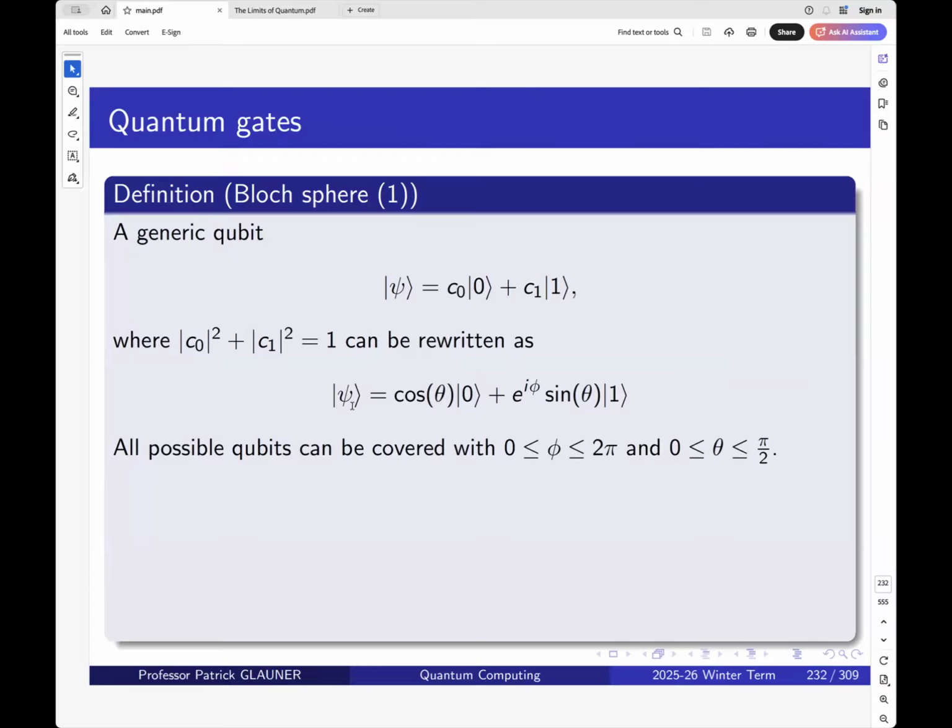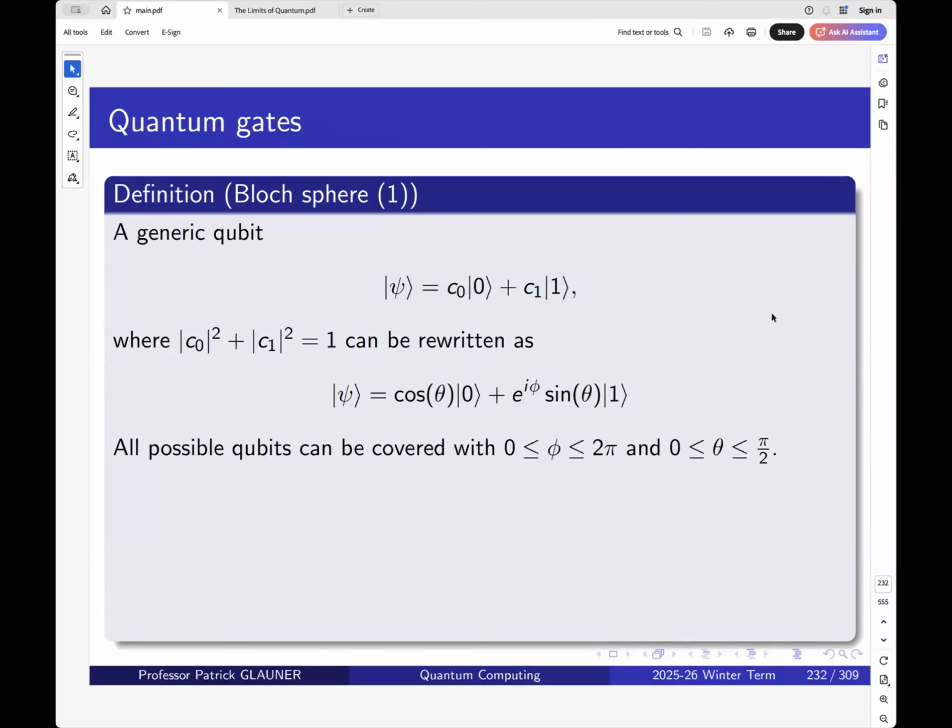And what does this mean? Our psi ket can be represented as the cosine of theta times 0 ket plus e to the power of i phi times the sine of theta times 1 ket. These two representations, this one here and this one here, are equivalent.